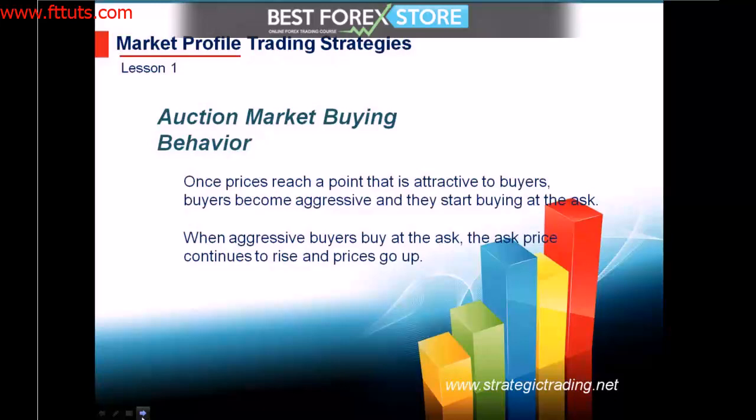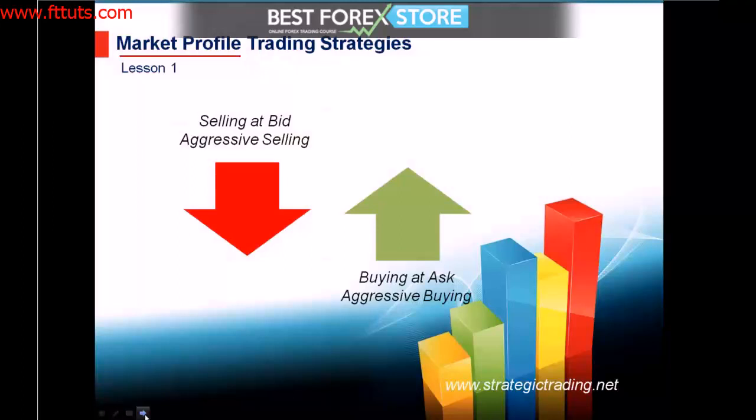And this is exactly what we see happening in the market day in and day out. So a very important rule to keep in mind, selling at the bid means that we have aggressive selling in the market. And buying at the ask identifies for us that we have aggressive buying in the market.